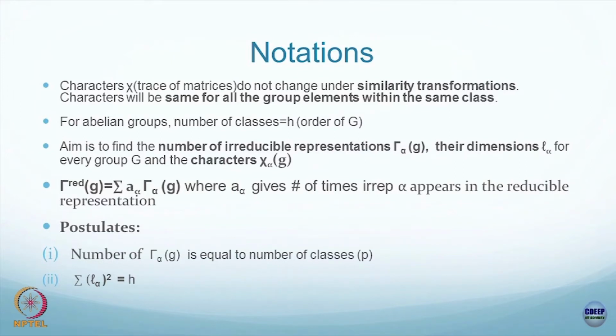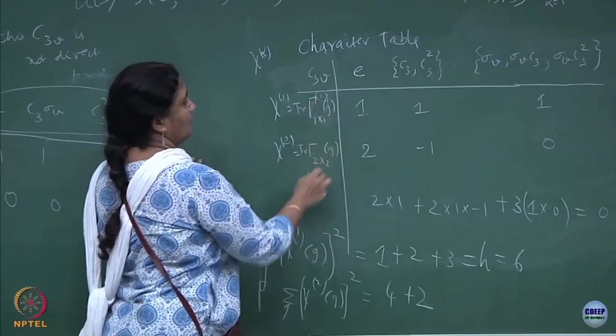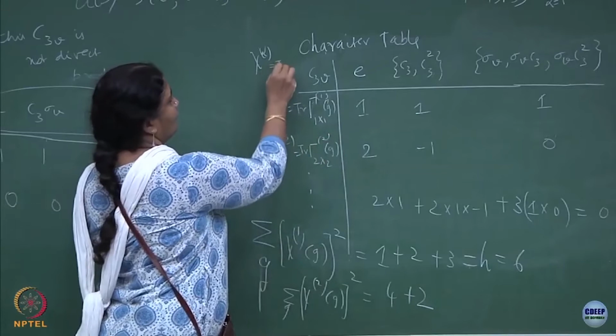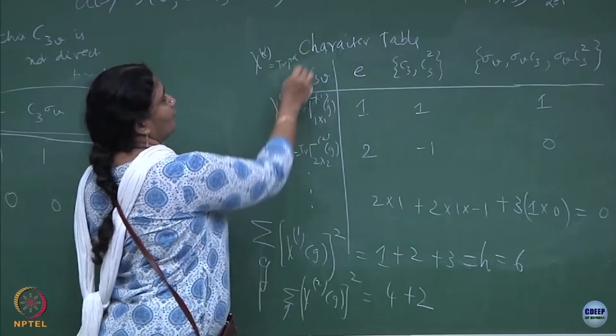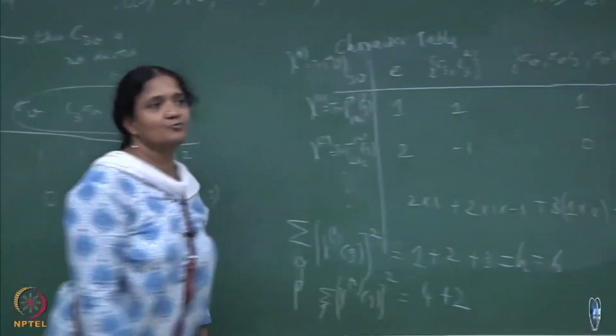I am going to use the notation gamma alpha, where alpha is 1 for this one and 2 for this one. So, this is the notation I am using.